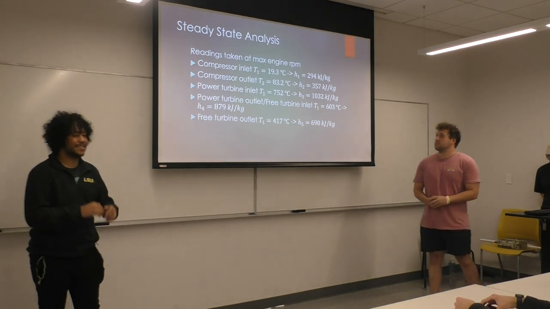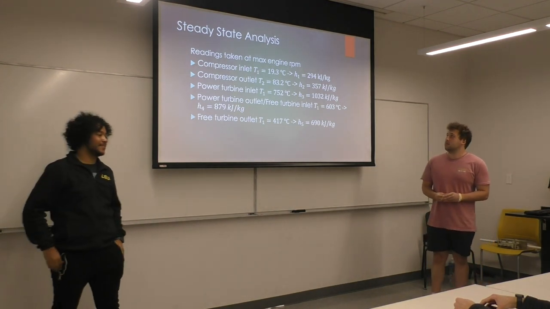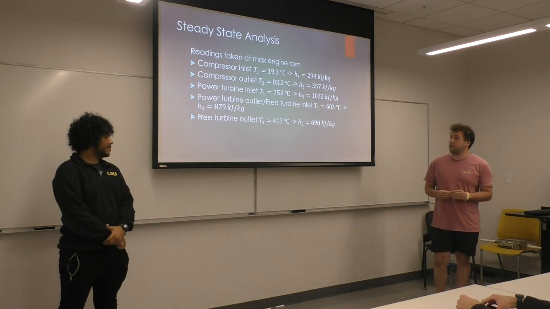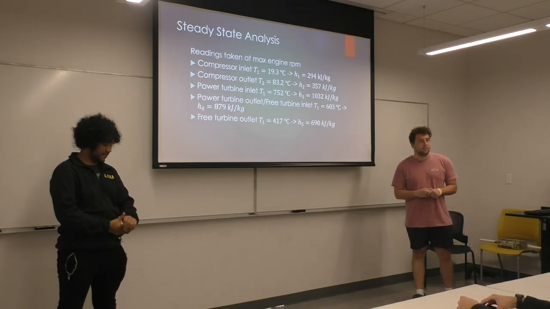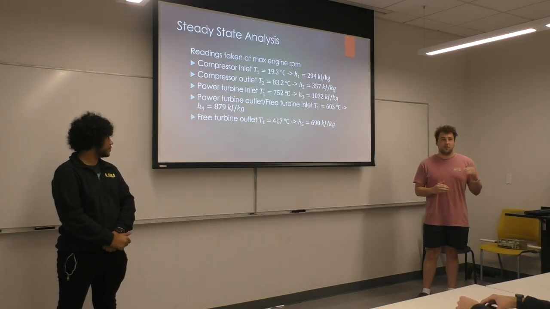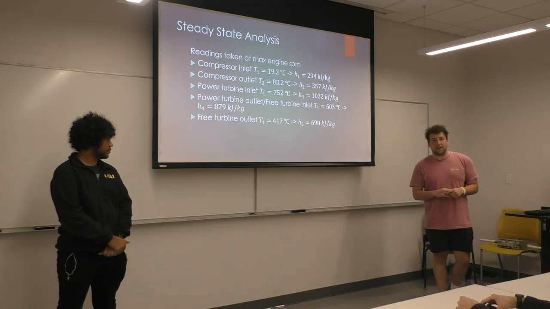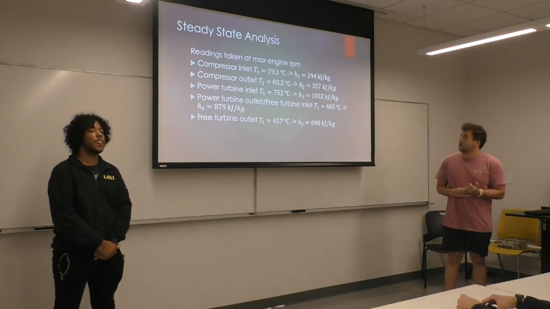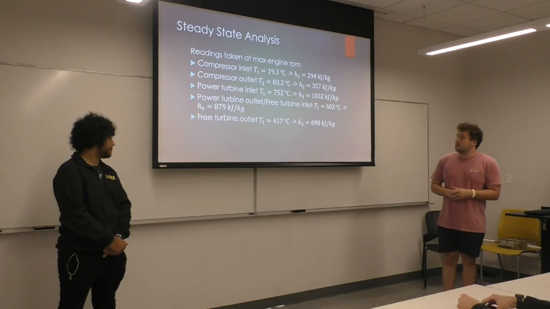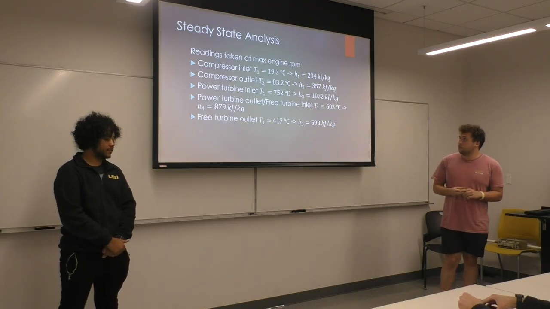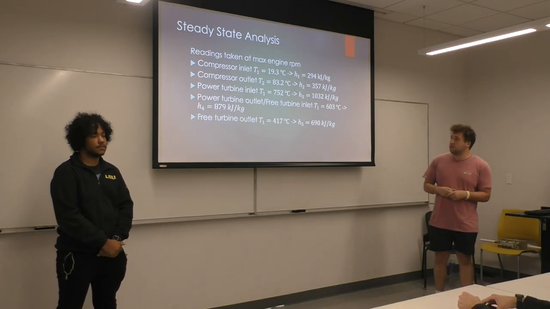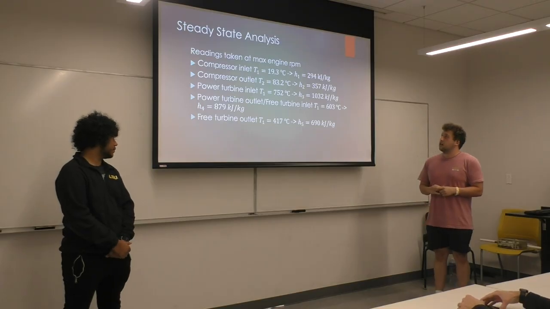So here's the steady state analysis that we did. I took readings from our data at the max engine RPM, which was just about halfway through the experiment. So here is the inlet and outlet temperatures for the compressor, power turbine, as well as the free turbine.